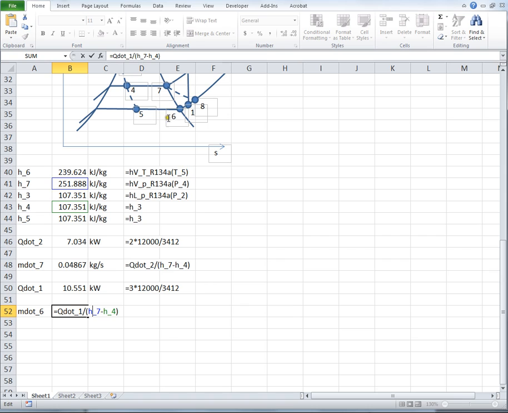What's the delta H for that evaporator? Well, it's H6 minus H5. And of course H5 is equal to H4, so that doesn't really matter, but H6 minus H5. And we don't know what q dot 1 is. We can sort that out.